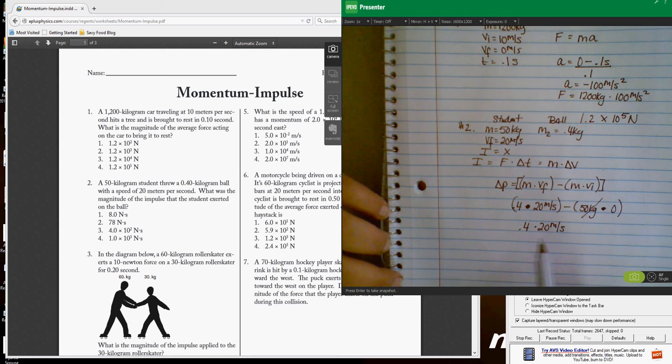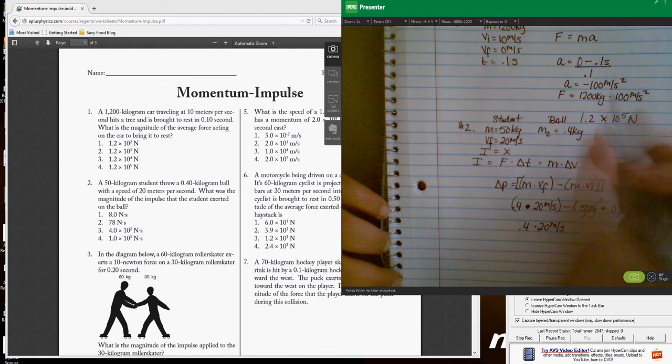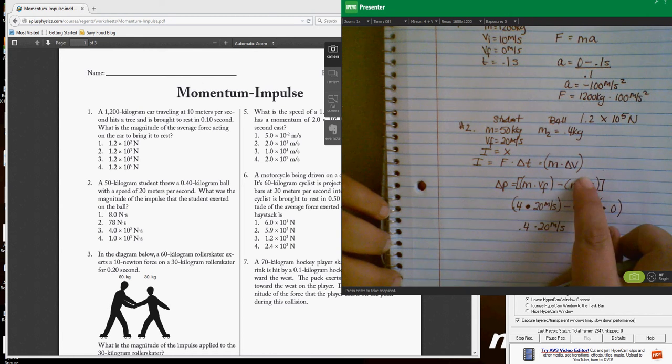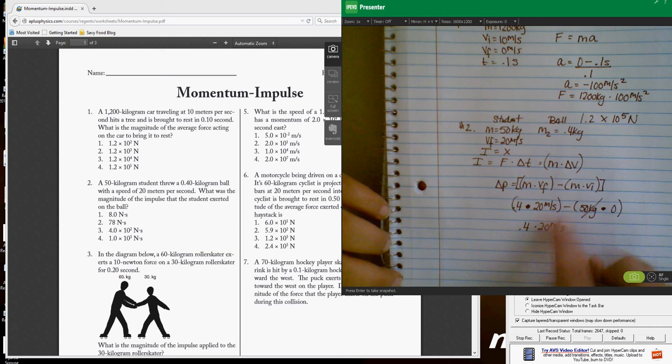Okay? So once I figure that out, I now have my momentum change. Of course, remember that whatever that momentum is equal to your force times change in time, and that's equal to your impulse. So finding this change from the first object and the second object is going to give us the impulse. So 0.4 times 20, that should give you 8.